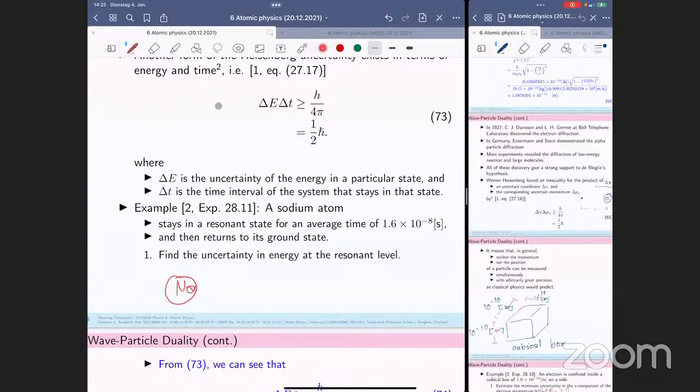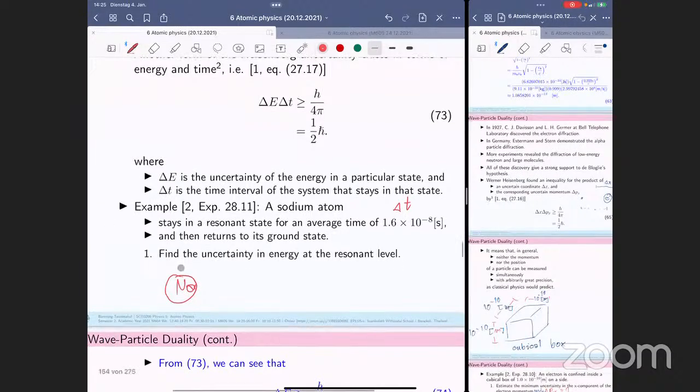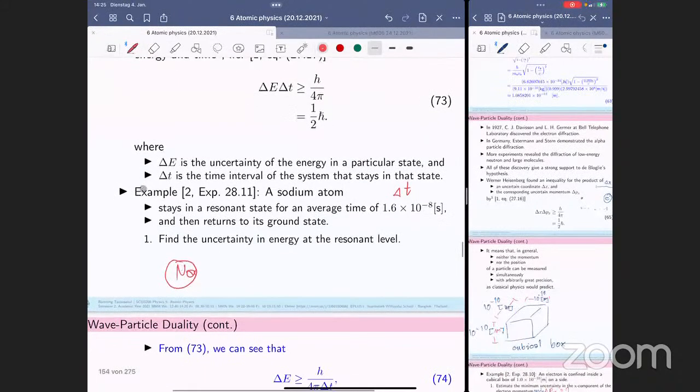The time of observation is this one, the amount of time of its observation, and delta E is what they want to know in this example. Find the uncertainty in energy at the resonance level. So they want to know delta E at the moment.